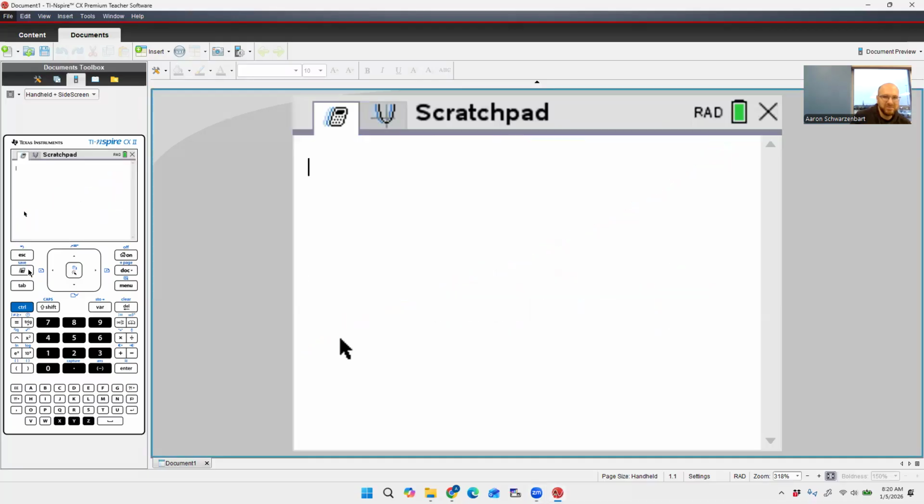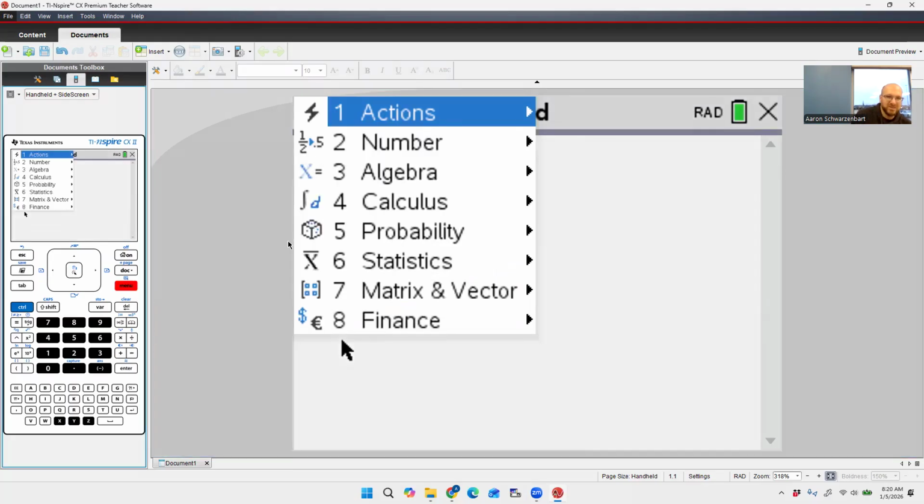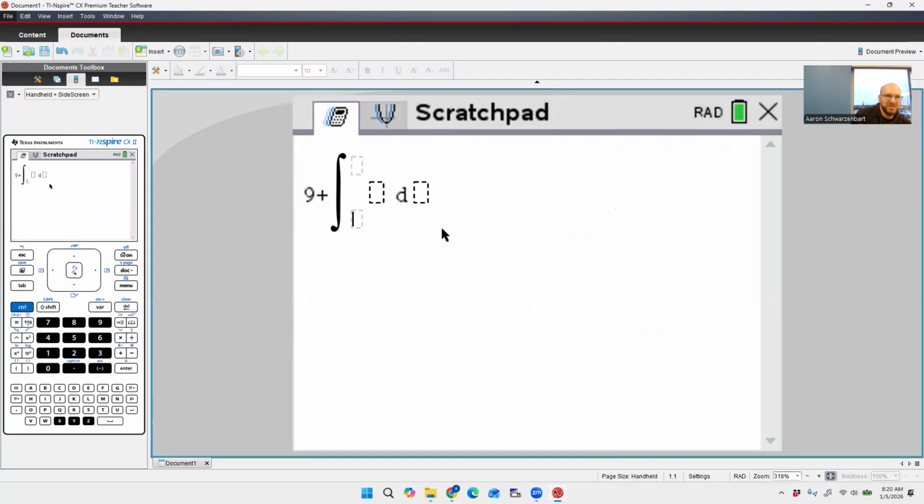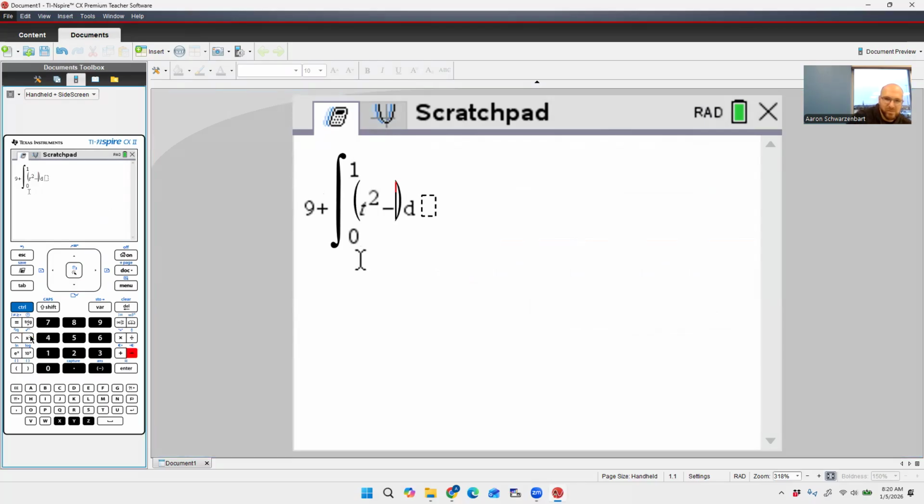9 plus, to integrate on the calculator, do menu, calculus, numerical integral. And here I can use either a t or an x.